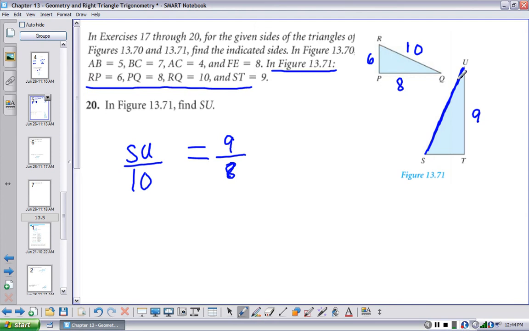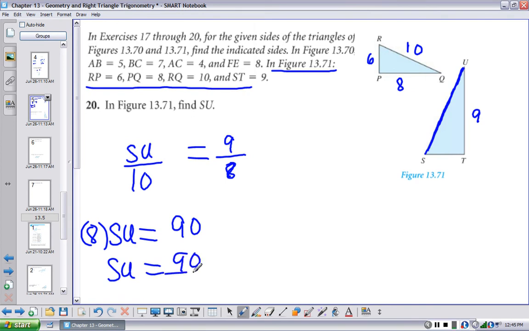We're finding SU, which is this diagonal. This diagonal here is 10, so SU over 10 equals the straight edge here, 10 over 8. So what is SU? 8 times SU is 90. So SU is 90 over 8.